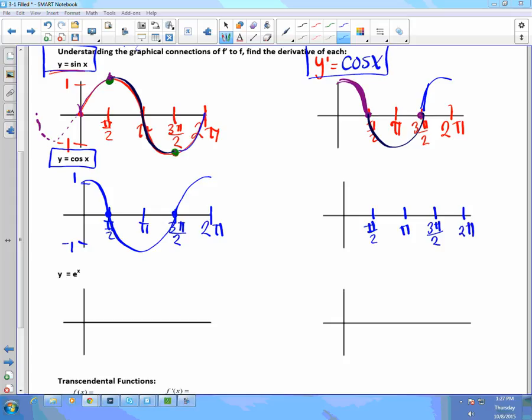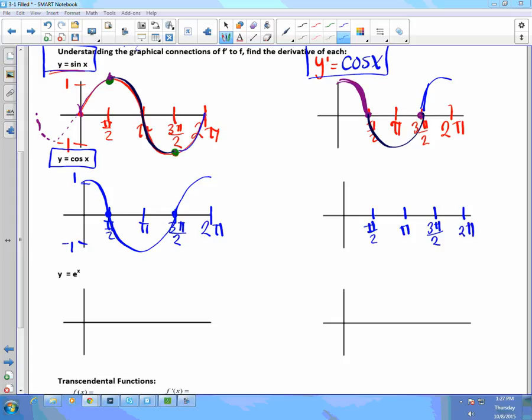Okay, who thinks it's that one? Yeah. Okay, well. First one, your x-intercepts. There are actually 3 x-intercepts.